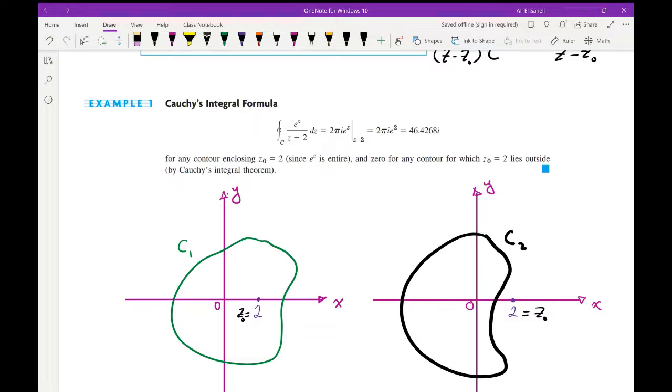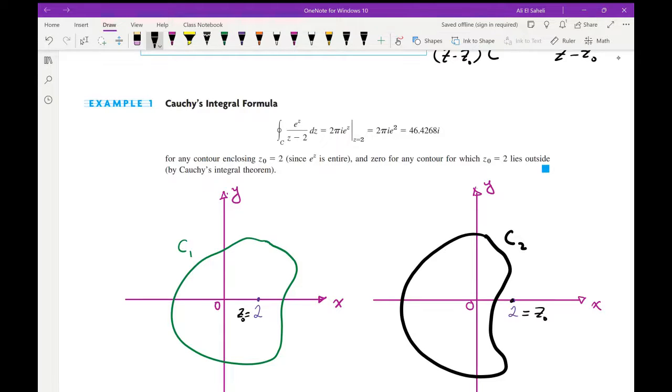If, on the other hand, we are considering closed contours that do not, such as C2, that do not include or enclose the point 2, then, as we know from Cauchy's integral theorem, the integral is 0.